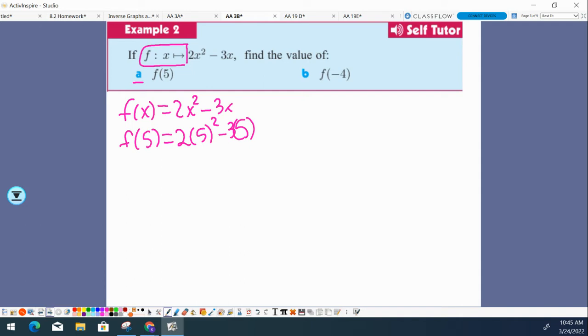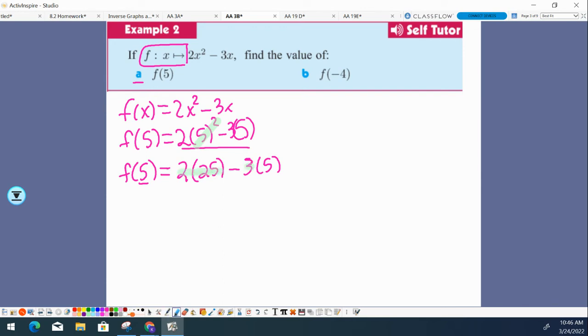So f of 5 is finding the y value when the x is 5. To simplify the right side, the first thing we want to do is our exponents. So I'm going to bring down the 2. 5 squared is 25.